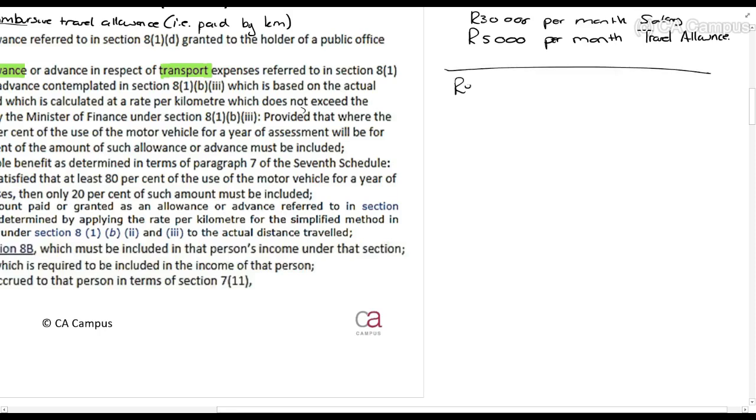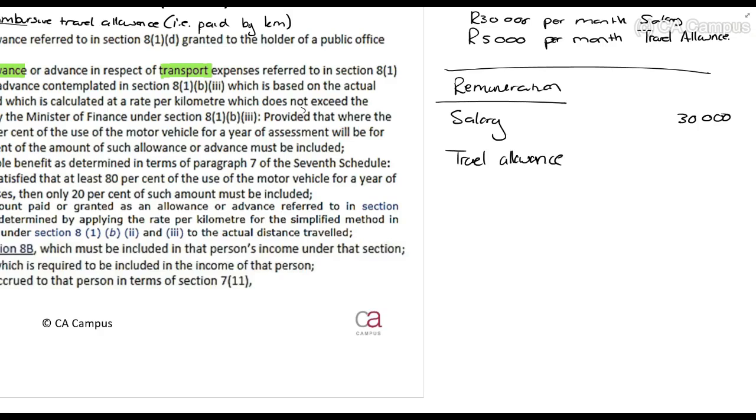Okay, if we now calculate remuneration for salary, and I'm just doing it for 1 month, it'll be 30,000 rands. When you now do your travel allowance, you'll recall when you studied travel allowances, there are those fixed costs and maintenance costs and fuel costs, all those things from the deemed cost table, and there's the actual cost.